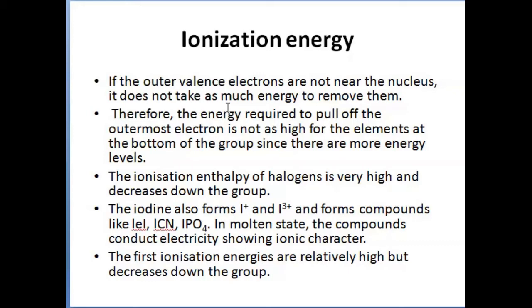So the ionization enthalpy of halogens is very high and it decreases as we move down the group. Iodine will also form I+ or I3+ and compounds like ICl, ICN, IPO4. In the molten state these compounds conduct electricity, showing ionic character. So the first ionization energies are relatively high but decrease as we move down the group.